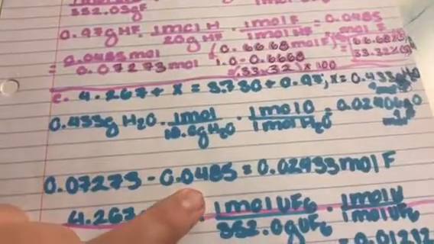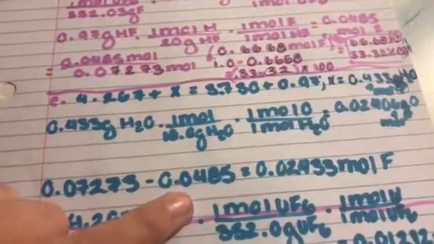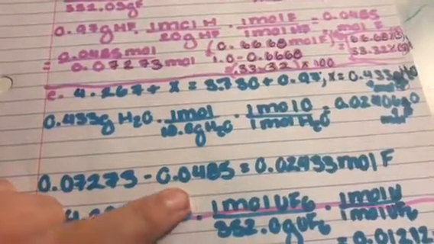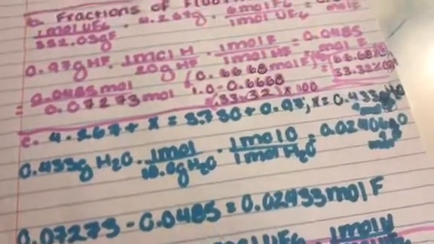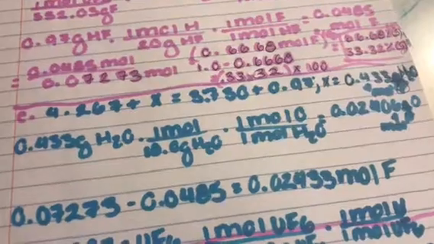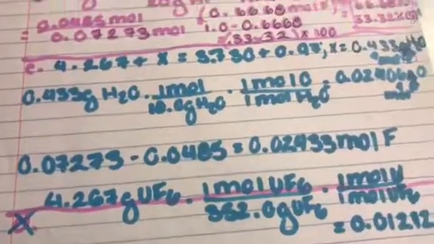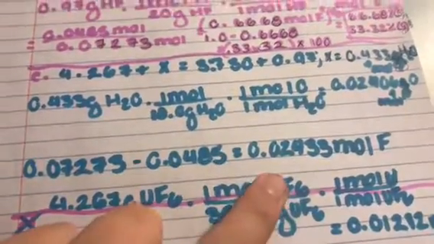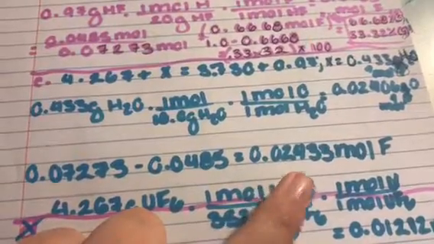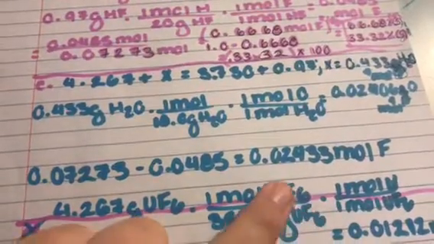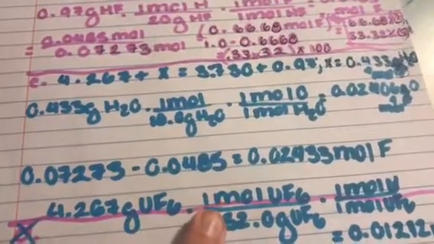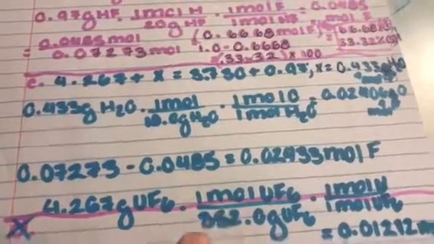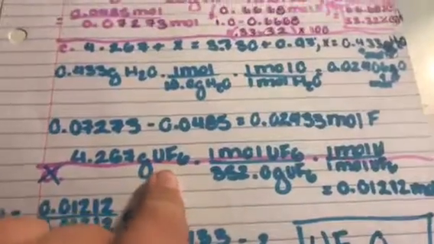And then we found that in the gaseous compound, there was 0.0485 moles of fluorine there. So subtracting that from that, we get 0.02433 moles of fluorine. So there's that. Now uranium.